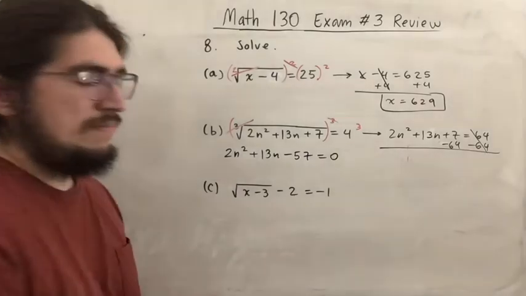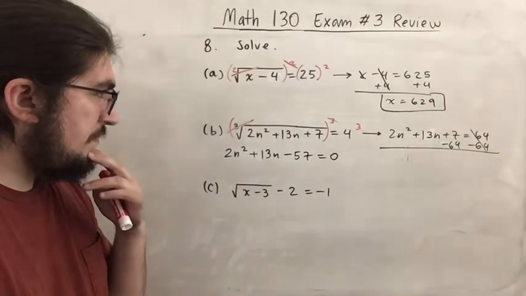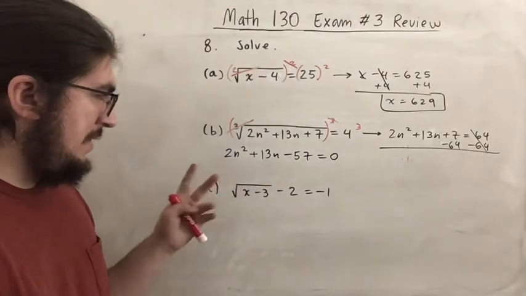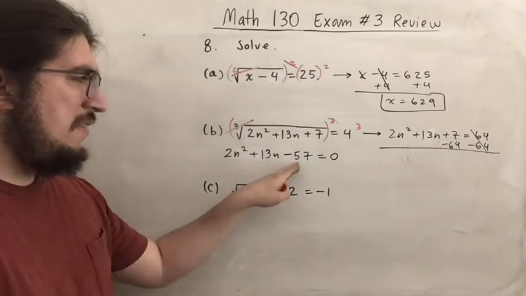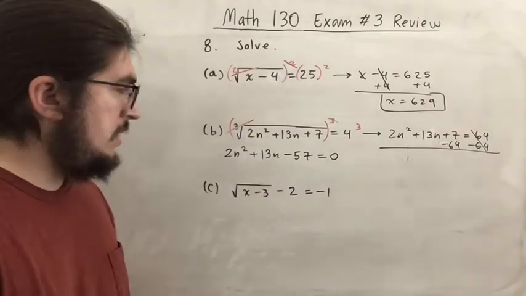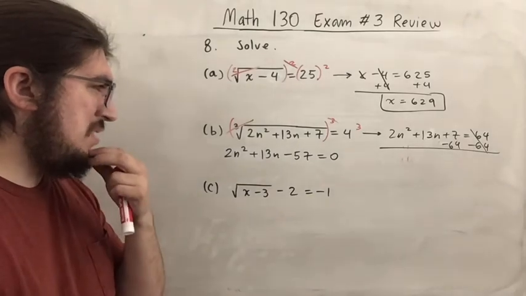Looks really weird. We could try the AC method and try to go from there. 57 actually does factor. It factors as 3 times 19.